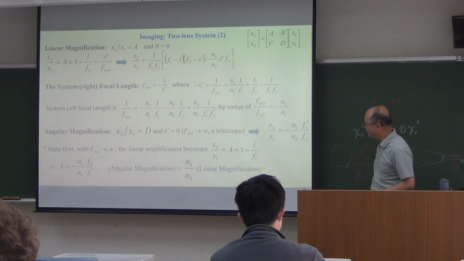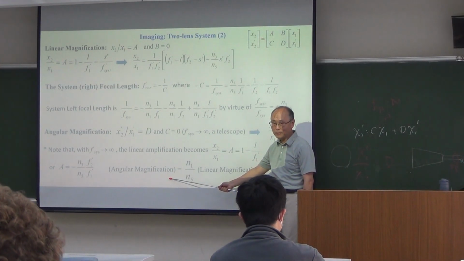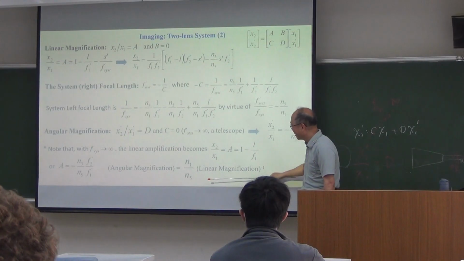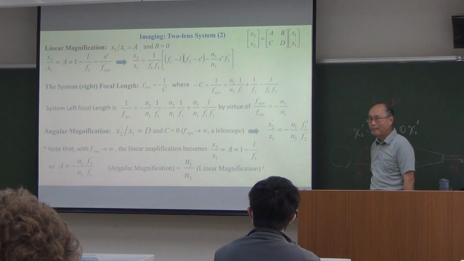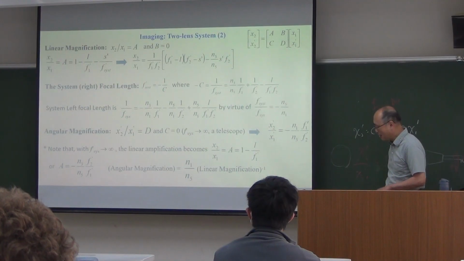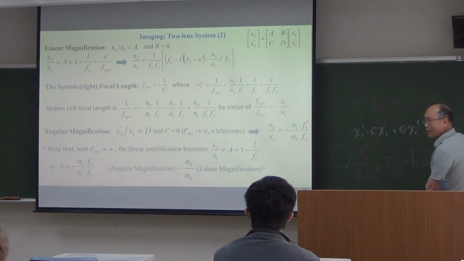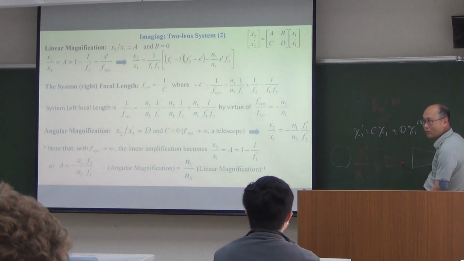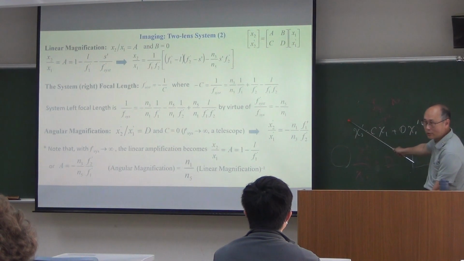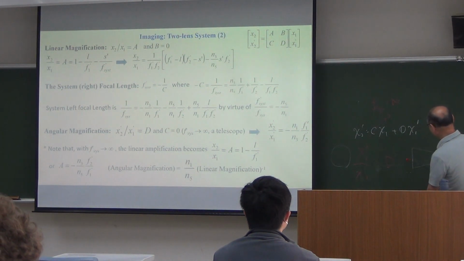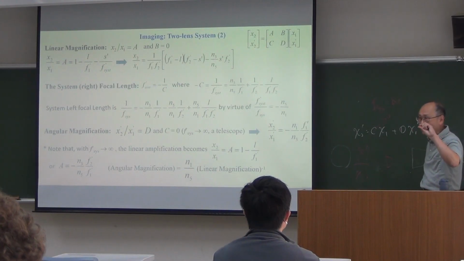It turned out that the angular magnification of an optical system is proportional to the inverse of the linear magnification. So for example, for a telescope, the linear magnification is quite small. The object, a moon, is huge, and once you image it into your eyes, the moon is just like this big, very, very small.